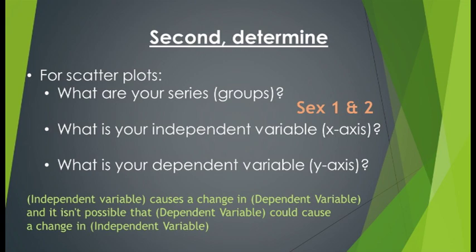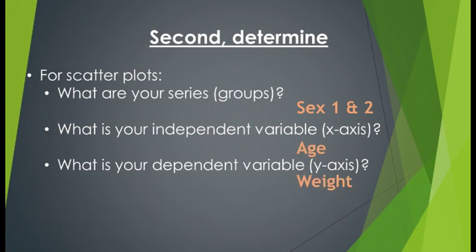In this exercise, age is the independent variable since there is nothing you can do about that, and weight is the dependent variable since weight could depend on age.